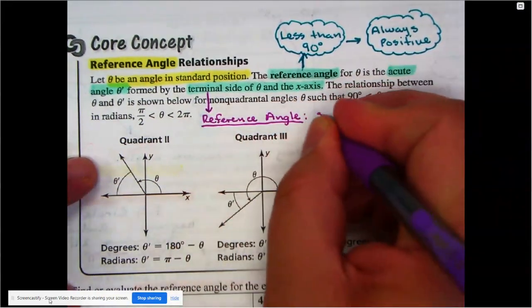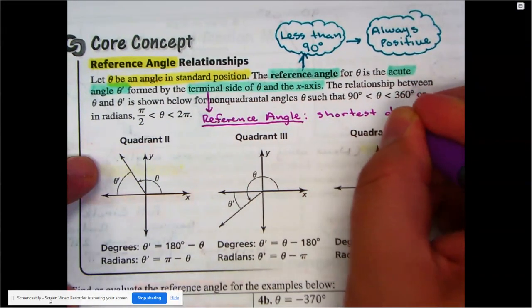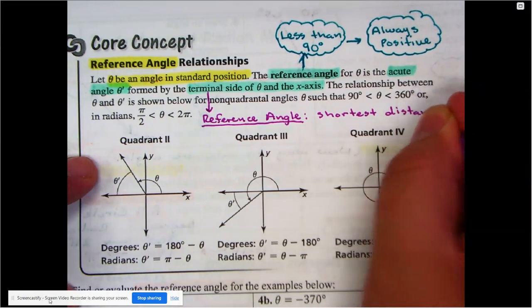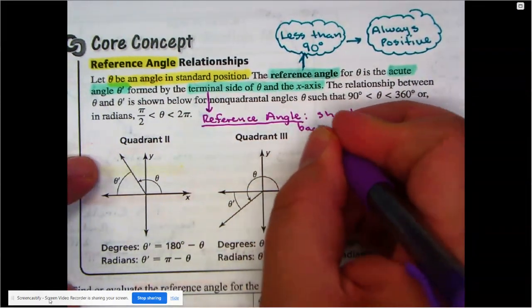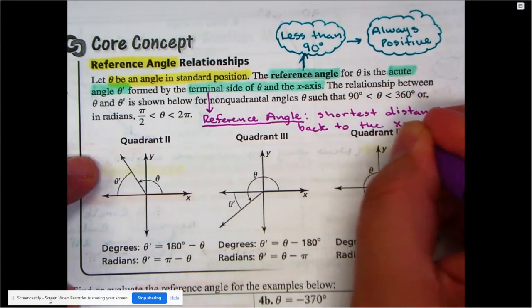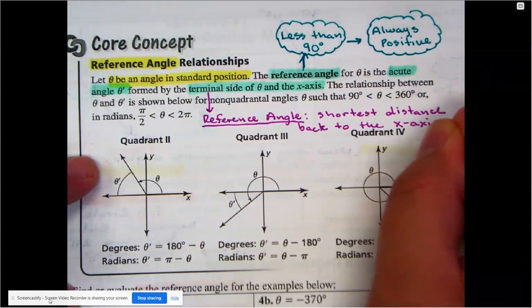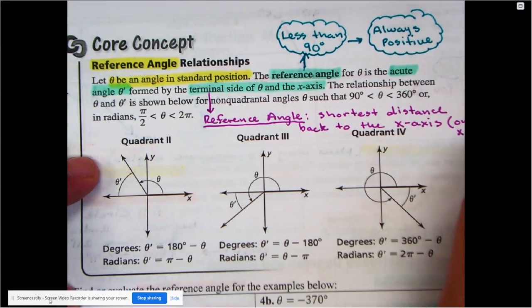It's the shortest distance back to the x-axis. And yes, it is only the x-axis. We don't work with the y-axis on this.